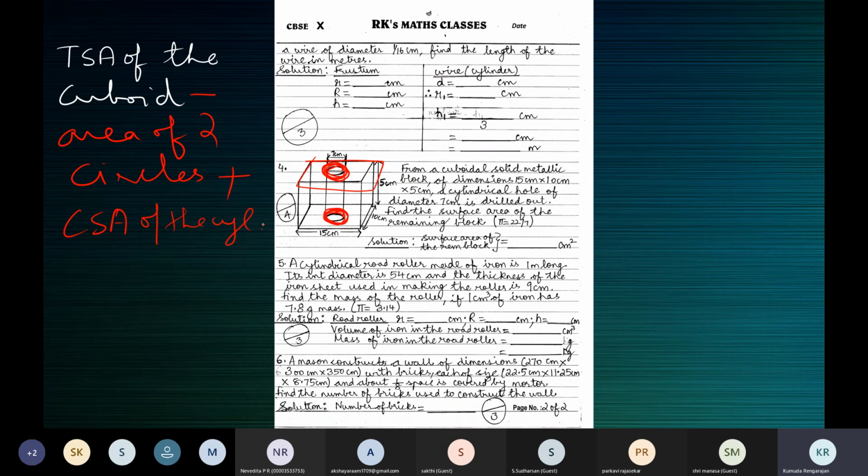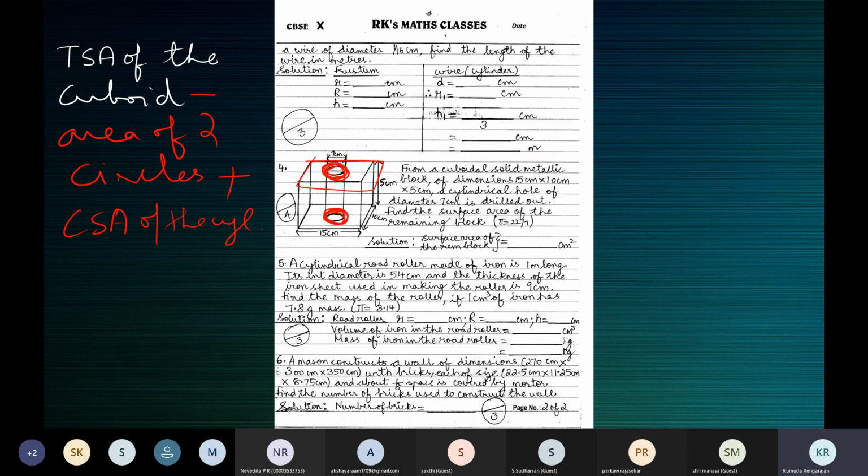Children, it's very easy. Imagine you have to paint this block. Where all will you paint? You will paint the TSA of the cuboid minus the area of the two circles. Correct? You can run your paintbrush on all the four vertical surfaces fully.